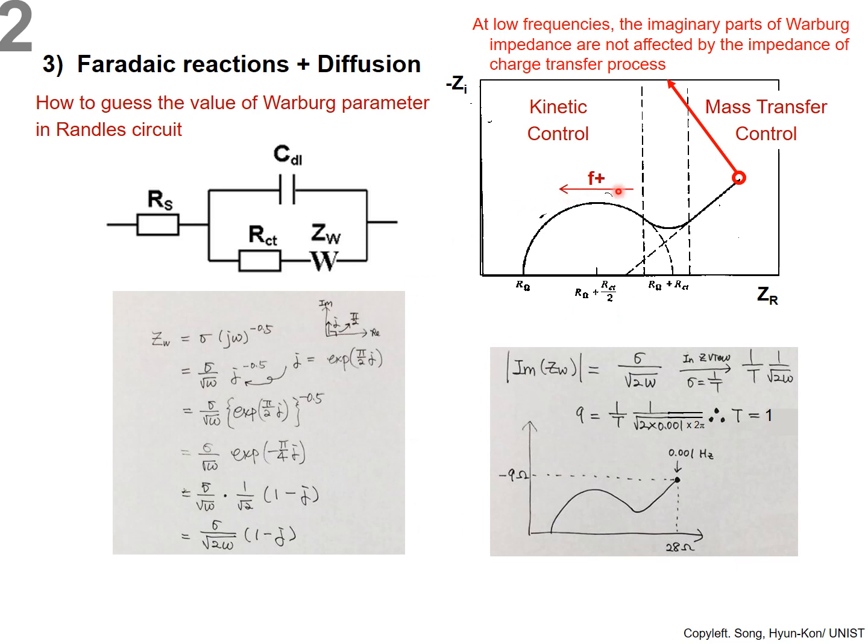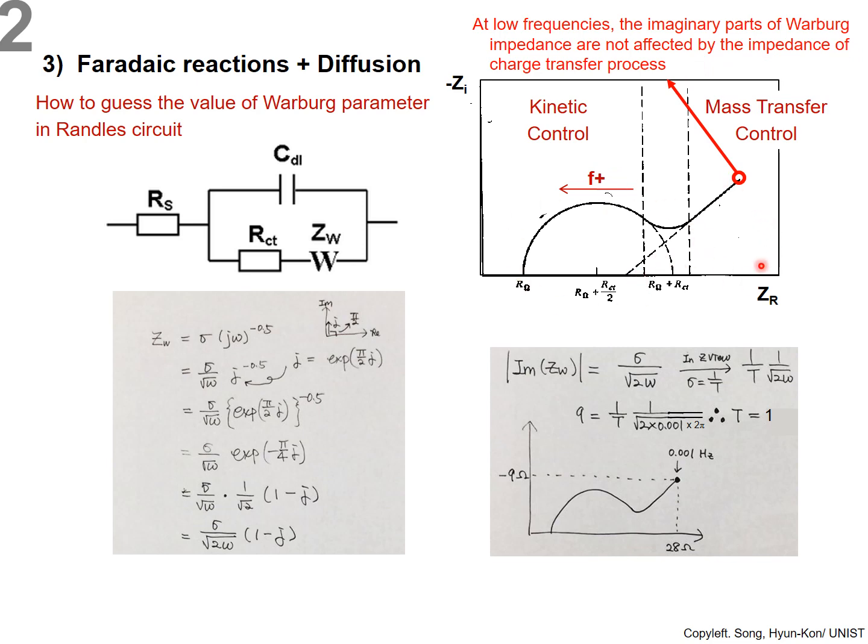Let's go back to the Nyquist plot of the Randles circuit. So semicircle, and then at low frequencies, you could have the Warburg impedance. I'd like to use the end of the data at very low frequencies, because at low frequencies, the imaginary part of Warburg impedance is not affected by the impedance of the charge transfer process.